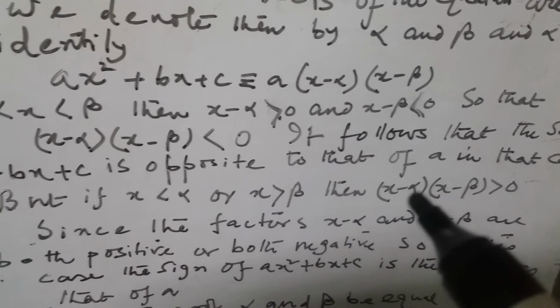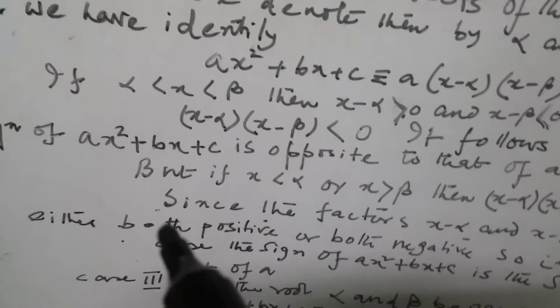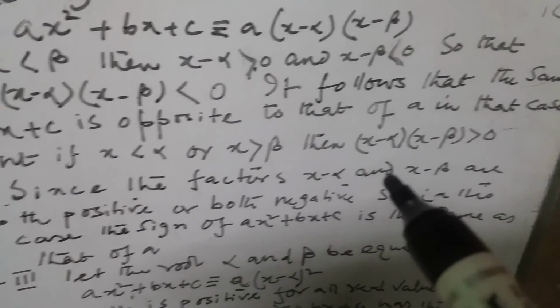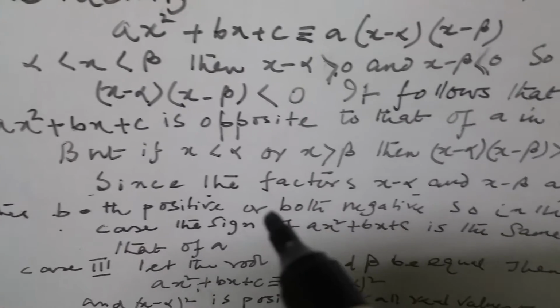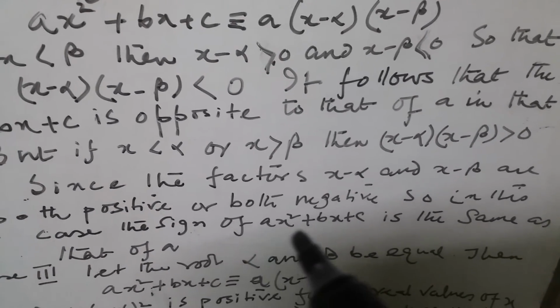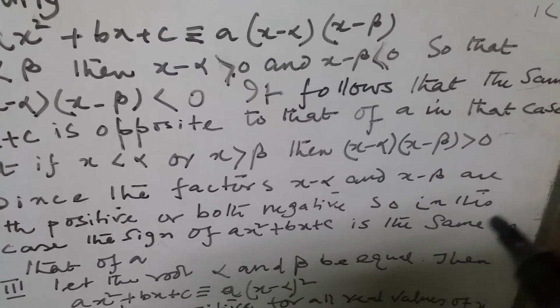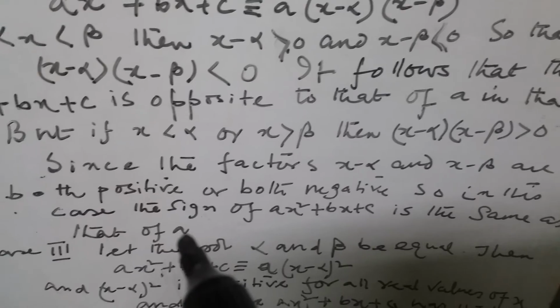That's why both are positive. So the multiplication is greater than 0, since the factors x minus alpha and x minus beta are either both positive or both negative. So in this case, the sign of ax square plus bx plus c is the same as that of a.